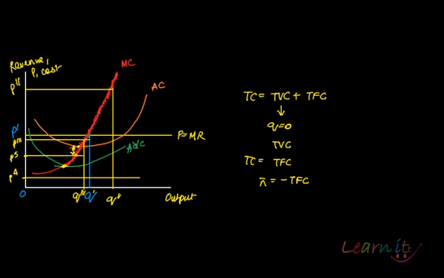It is still lying below the average cost. But will the firm shut down its production? No, it won't. It will go on, because it is able to cover its variable cost. So the firm is not going to shut down at that point.